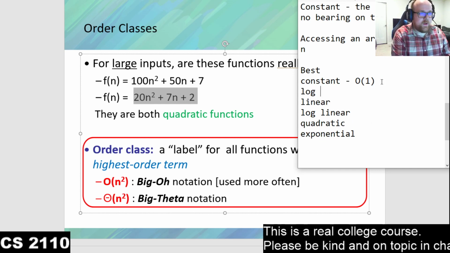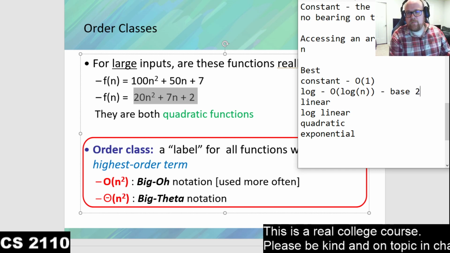From here, and I'm writing this using big O notation, we have O of log of n, and I'm just going to put a note here, base 2, generally. Although the base, it turns out, doesn't matter, because all logs grow proportionally. But this means log base 2.